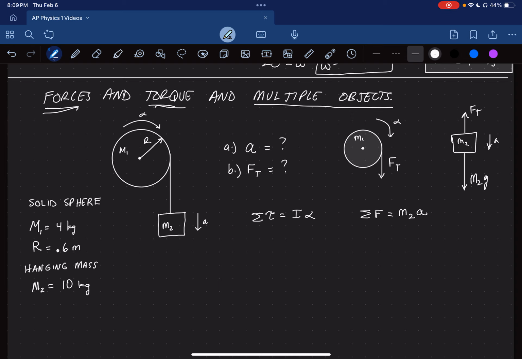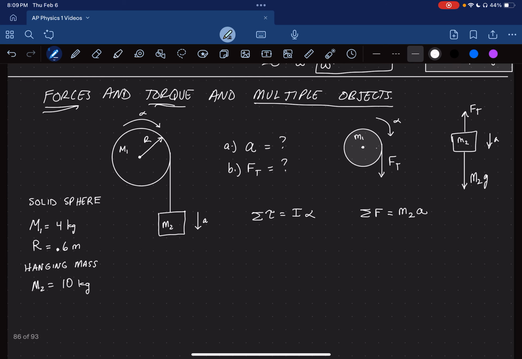So let's do this. The sum of torque, well, it's simply the radius of the sphere times the force Ft. Now the radius is, I'm going to say capital R times Ft equals the rotational inertia of a solid sphere, which is 2/5 mr squared.